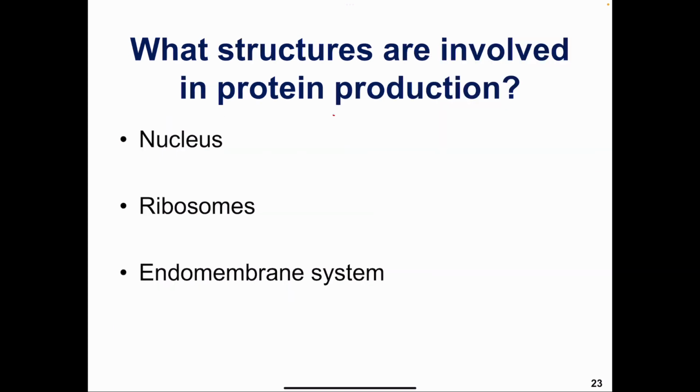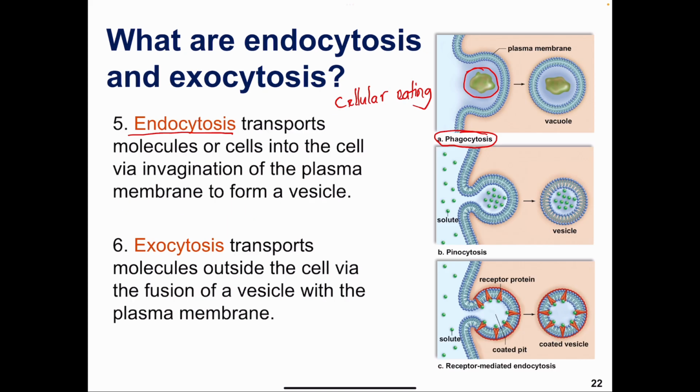That cellular eating is actually inspired by what we see happening with some protists, such as, what are they called? Amoeba. Okay? So when amoeba drink, we call this pinocytosis.